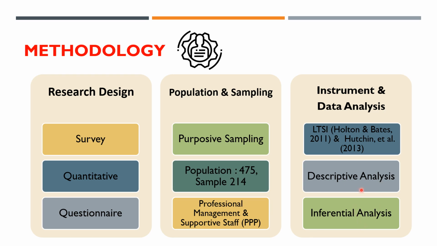For the data analysis, descriptive analysis was performed to address objectives 1 and 2, while inferential analysis, such as correlation analysis, was completed first before proceeding to linear regression analysis by using SPSS version 24.